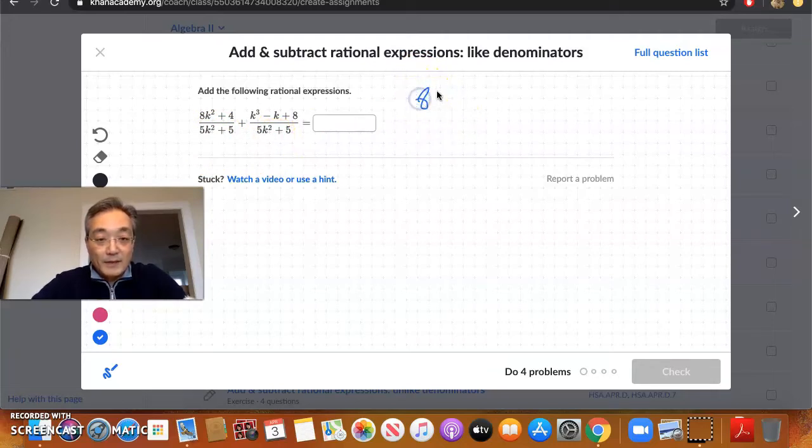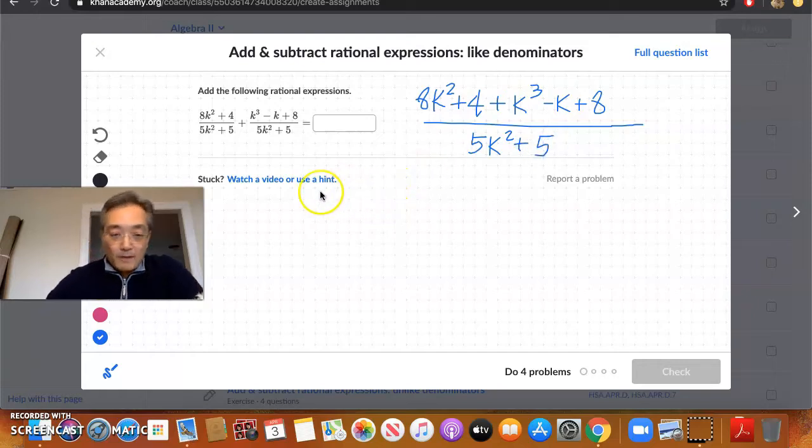We're going to add 8k squared plus 4 plus k cubed minus k plus 8, all over 5k squared plus 5.